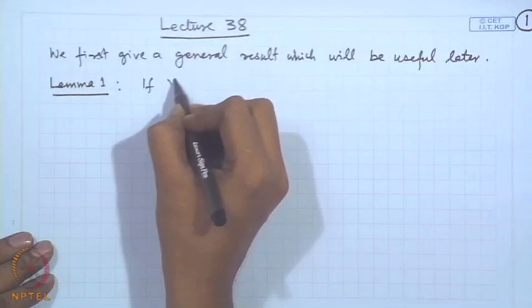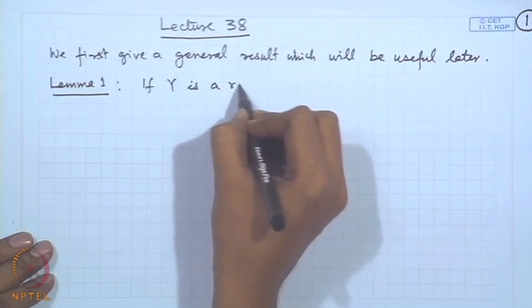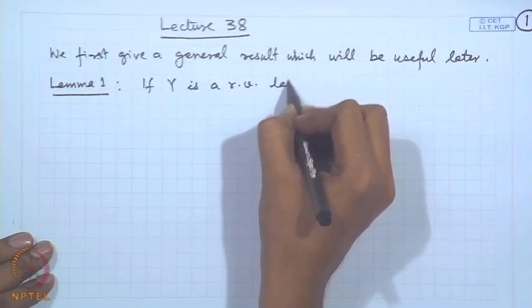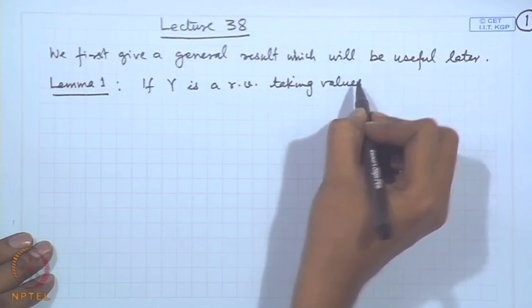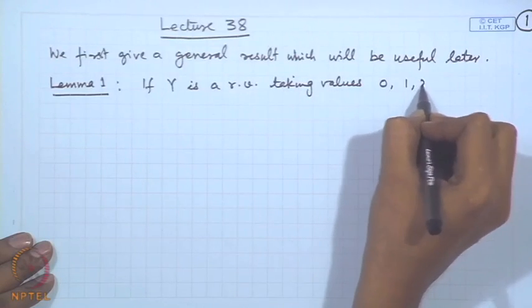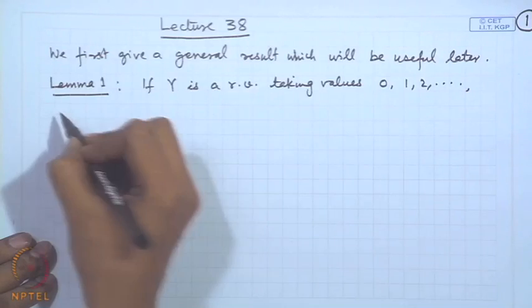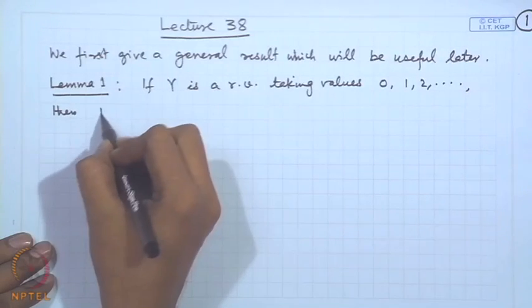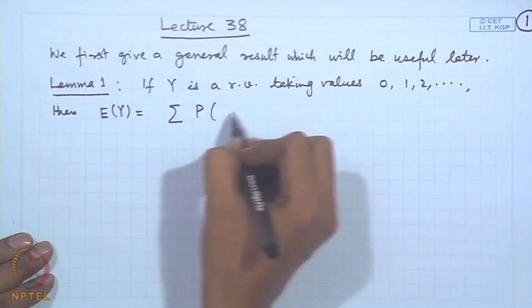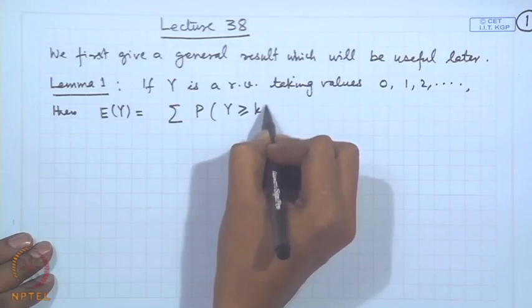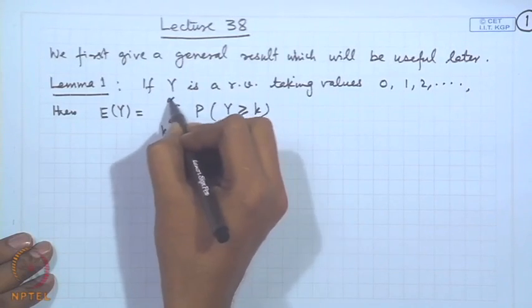If Y is a random variable taking values 0, 1, 2 and so on, then expectation of Y is equal to sigma probability of Y greater than or equal to k, k equal to 1 to infinity.